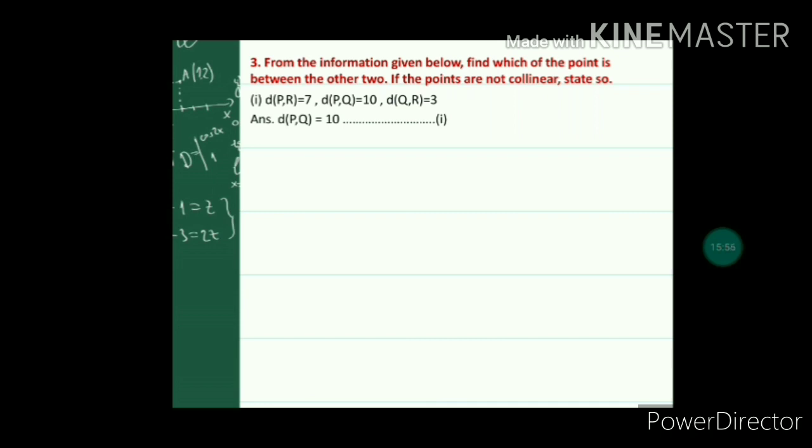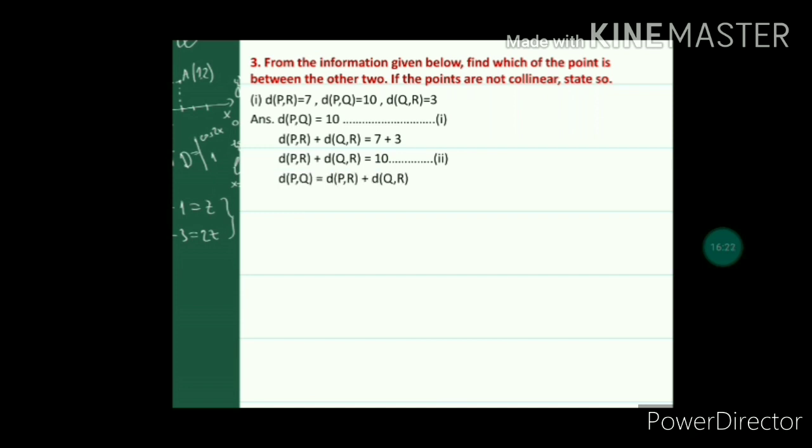Distance of PQ is equal to 10. In the figure, distance of PR plus distance of QR is equal to 7 plus 3. Means distance of PR plus distance of QR is equal to 10.